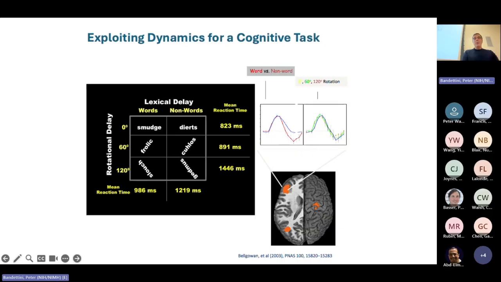Because it was delayed, that infers that this area is downstream in terms of processing. So there's another part of the brain that's doing the rotation, feeding it to the left anterior prefrontal cortex that then determines whether it's a word or non-word. So you can make some inferences as to where it is in the processing stream based on the delay.